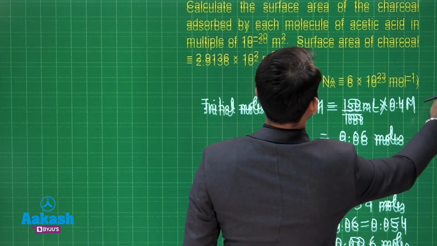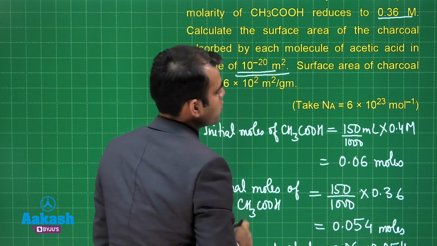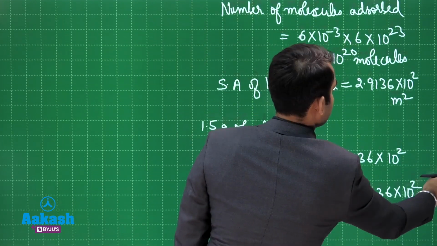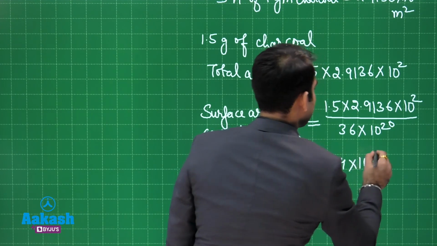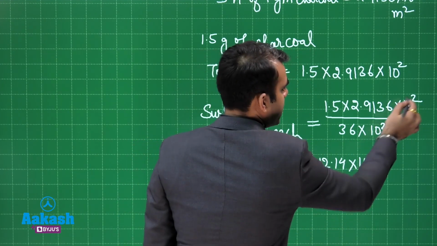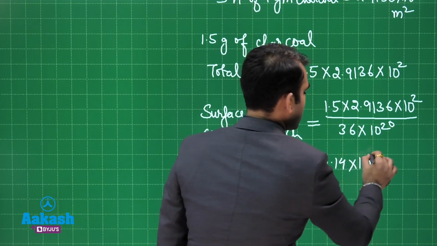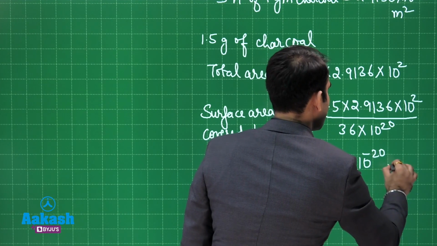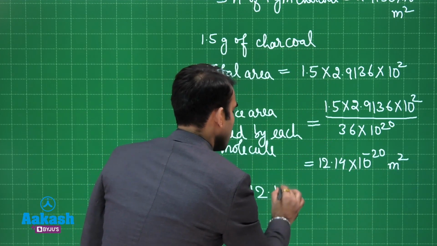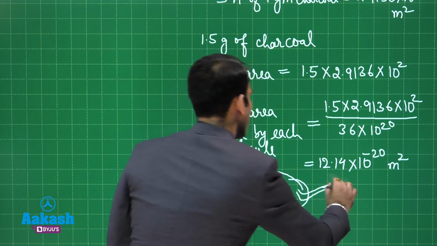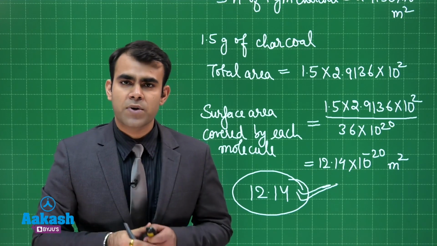Now the question is asking for the answer in multiples of 10 to the power minus 20 meter square, that is 12.14 into 10 to the power. Now this value is 10 to the power 20, and here we have 10 to the power 2. So this comes out as 12.14 into 10 to the power minus 20 meter square. So answer here is 12.14.